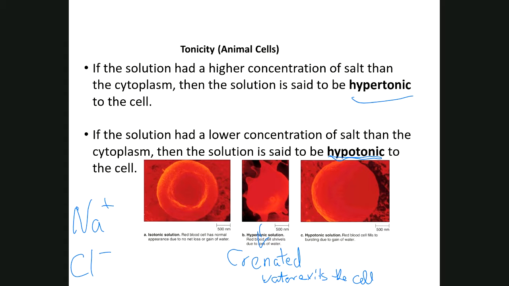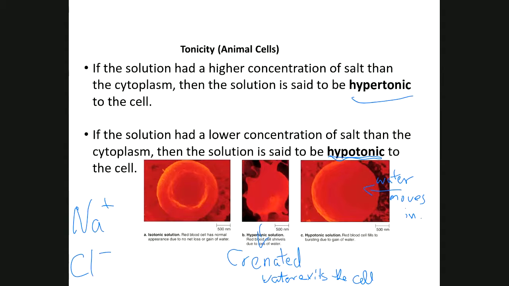Well, in that case, the only way to dilute the amount of salt in the cell so that the system inside the cell and outside the cell is more equal to one another is to absorb extra water. So water moves in.